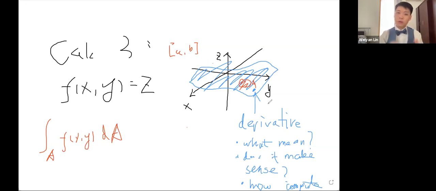Okay, so as no surprise, the geometric meaning for that would be the volume, right? Suppose it is above the xy plane here. So the integral means that we will be finding the volume under this particular surface, between this surface and the xy plane.